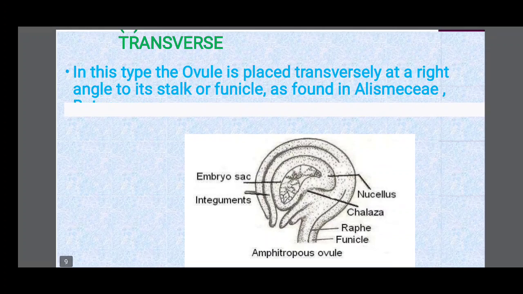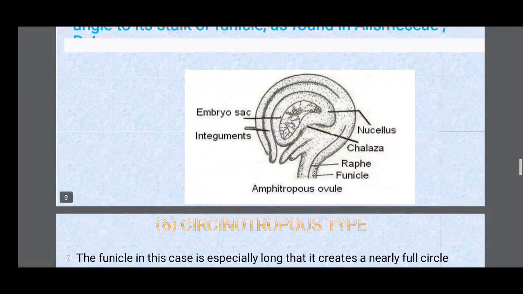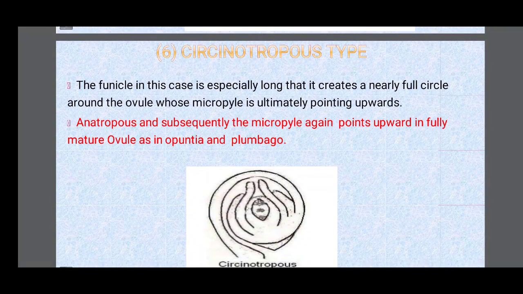So this is the small difference between the hemianatropous and amphitropous ovules. So the final one is the circinotropous.